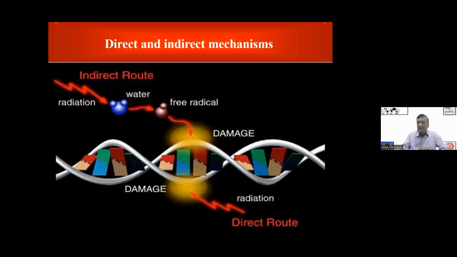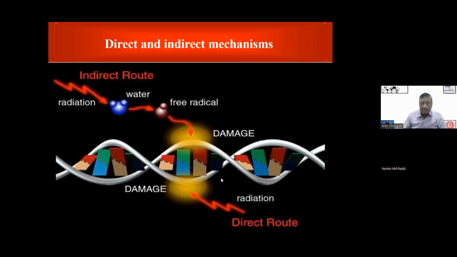Now, when radiation interacts with the human cell, there are two kinds of effect: one is an indirect route and another is a direct route. In the indirect route, ionizing radiation interacts with the water in the tissue, the cytoplasm, and produces the free radicals OH or H. These free radicals are highly chemically active and take part in the damage.